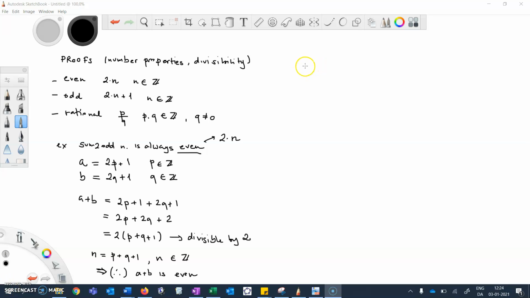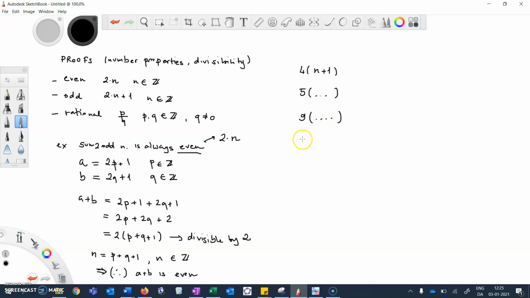In the same way, if a number is divisible by 4, I will be able to find an expression that is 4 times something. For example, let's say that I would find 4 times n plus 1 or 2n plus 1. Or if it's divisible by 5, I will have 5 times a certain expression. Or divisible by 9, 9 times a certain expression.